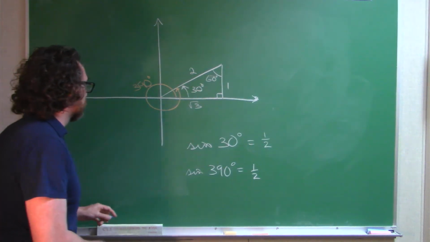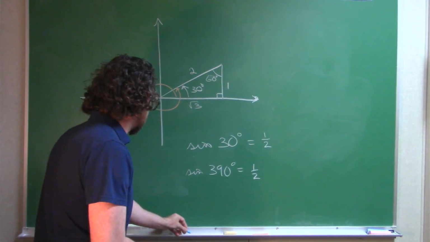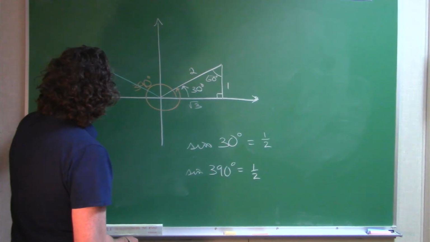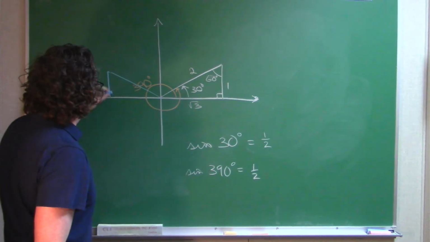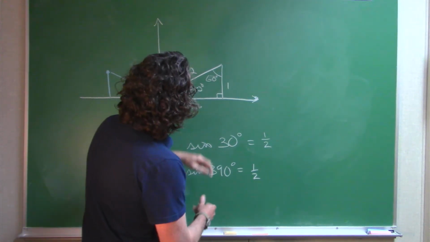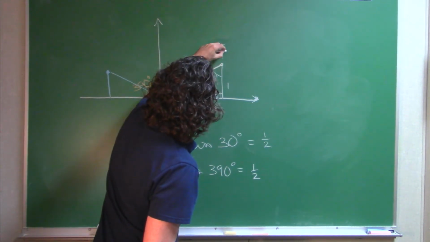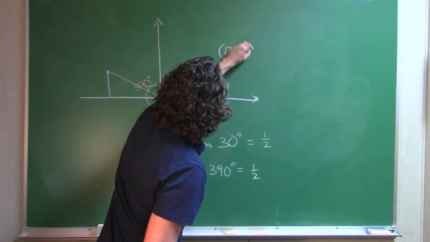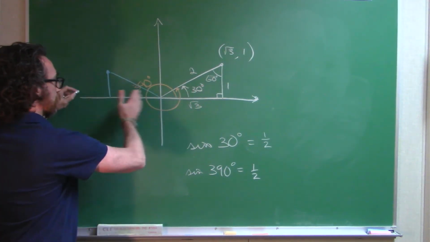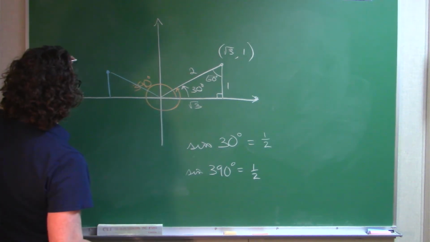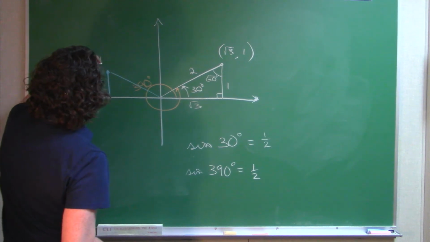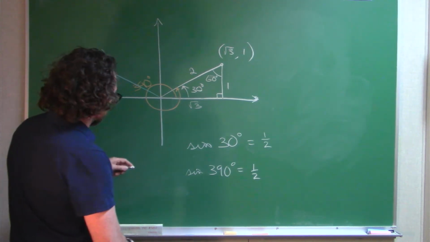Furthermore, if I was over here in this quadrant and had that exact same triangle as a mirror image, this point has coordinates radical 3, 1. If I go just across the y-axis like that, the coordinates would be negative radical 3, and the y-coordinate would still be 1.